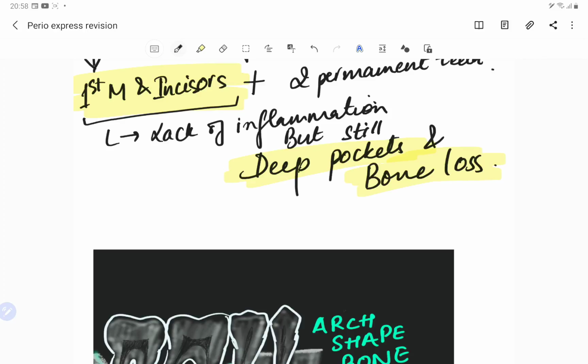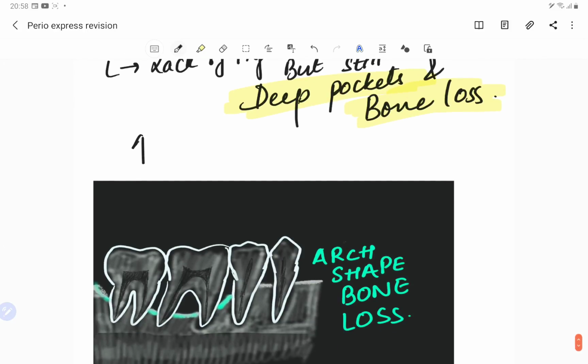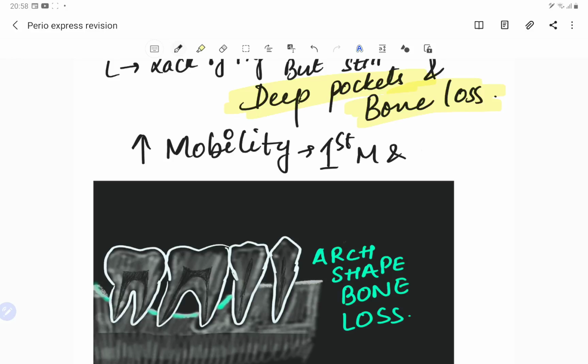So because of this bone loss, there is increase in the mobility related to the incisors and the first molar, again because the teeth involved are the first molar and the incisors. So teeth mobility in the incisors and the first molar is what we see.